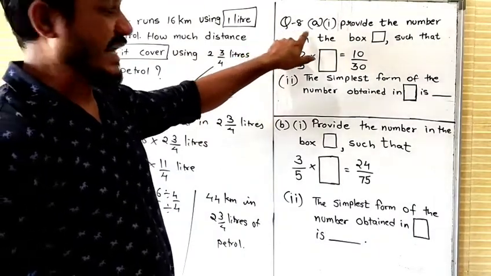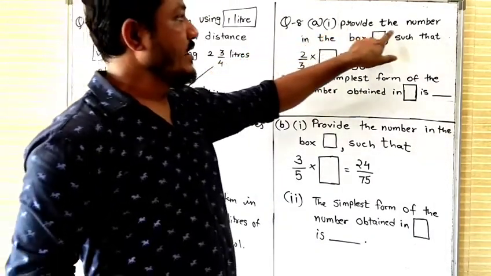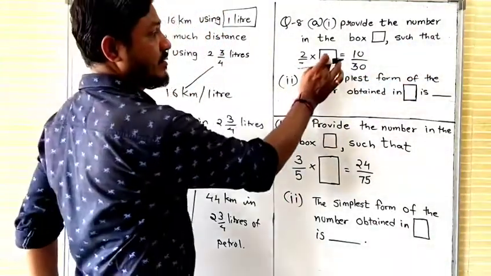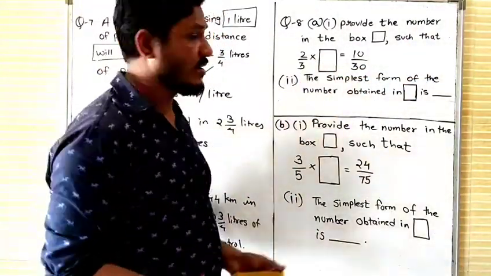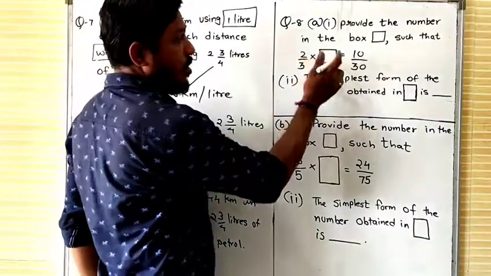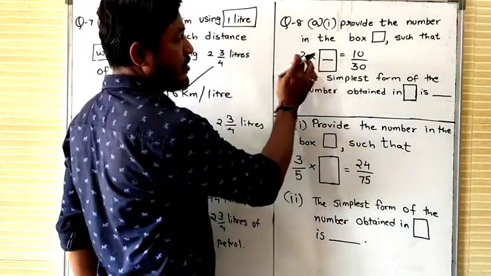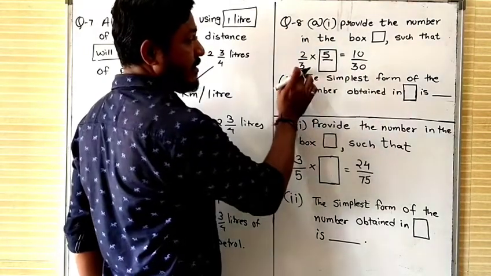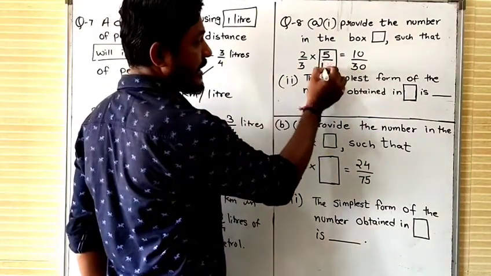Question number 8. A. First one. Provide the number in the box such that. Now we need to find the number in the box. Very simple question. So what will come in the box? That means 2 multiply by what to get 10? So 2 5s are 10. And 3 multiply by what to get 30? 3 10s are 30.